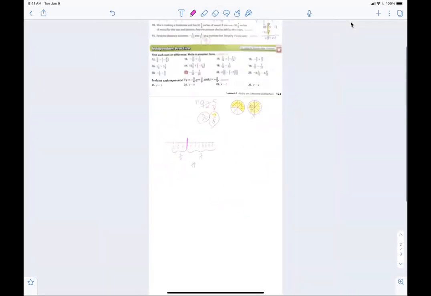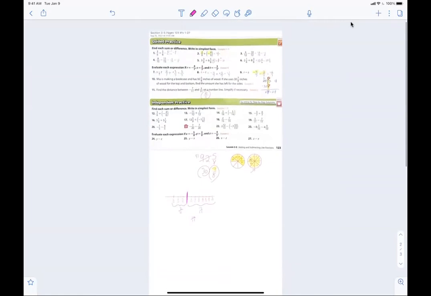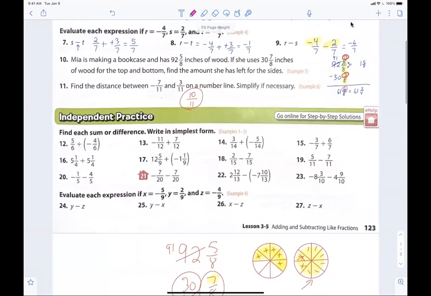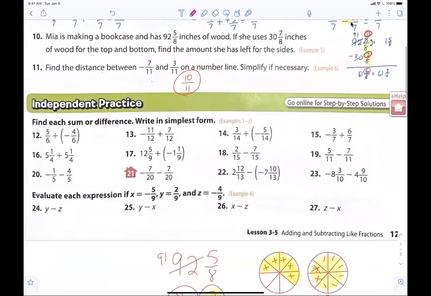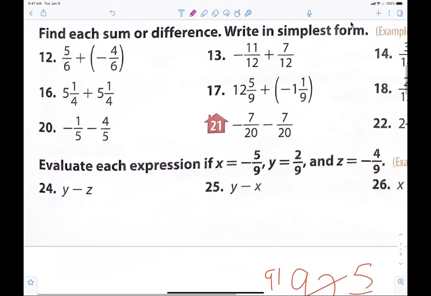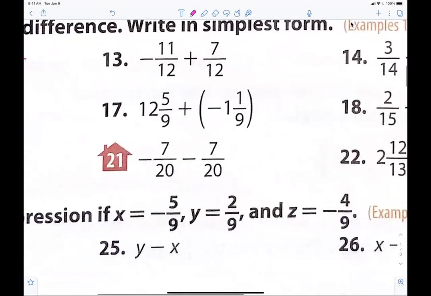Okie doke. So with that in mind, where am I at? Okay, Lila, you do 5 plus -4, which is 1, and then you get 1/6. You are amazing, kiddo. Thank you very much. 1/6. All right, Aiden.